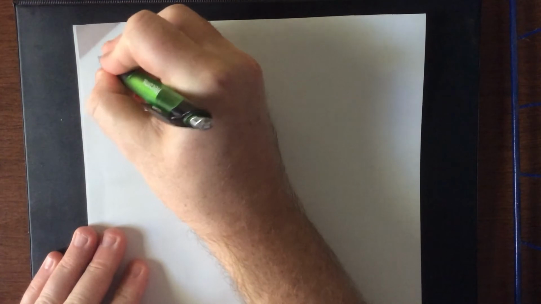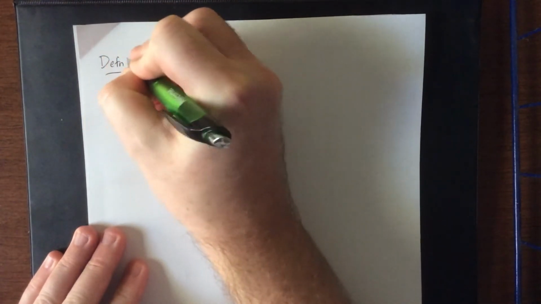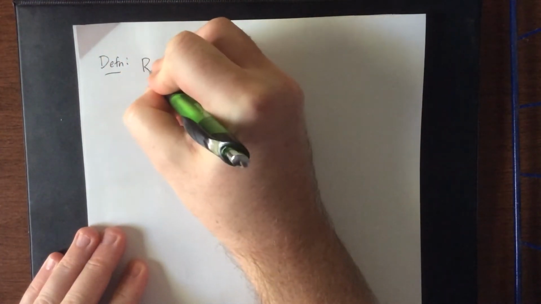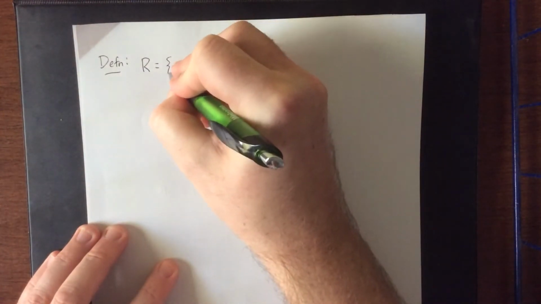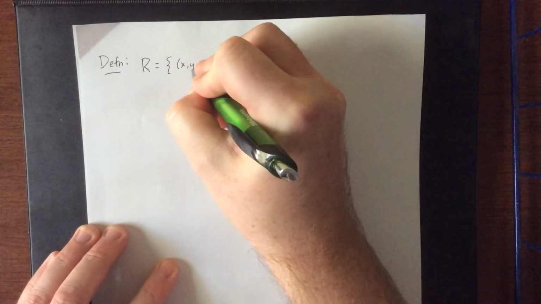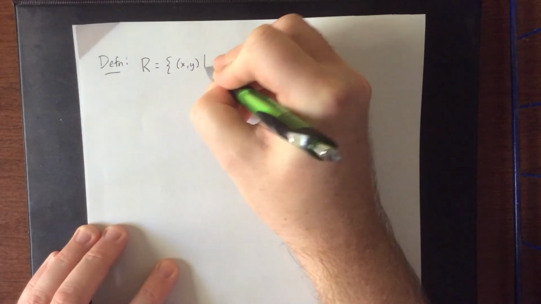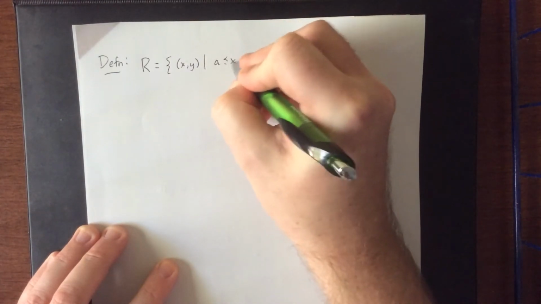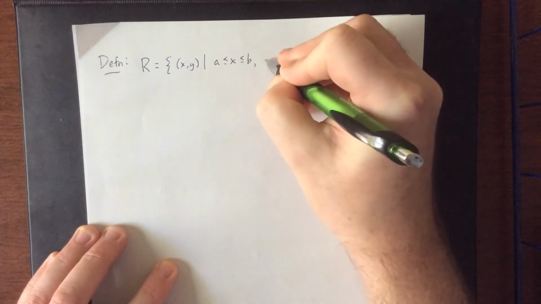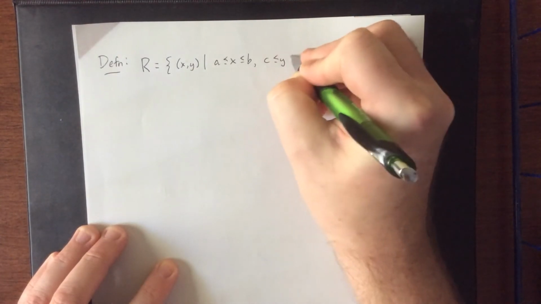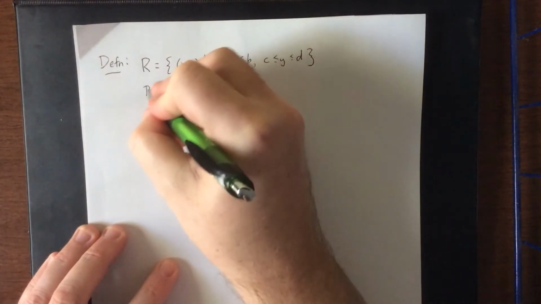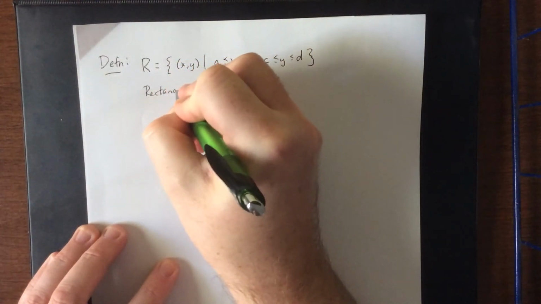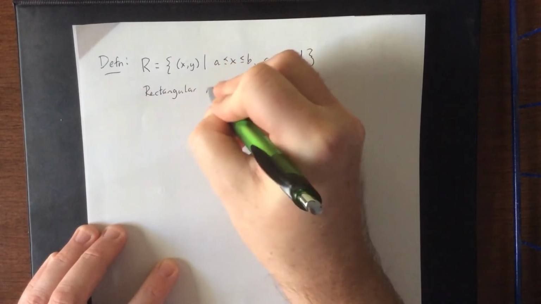So first thing is we are going to define a rectangular region. We'll use capital R to represent a rectangular region. This is going to be the set of all ordered pairs (x, y) such that x lies in between a and b and y lies between c and d. This is a rectangular region.